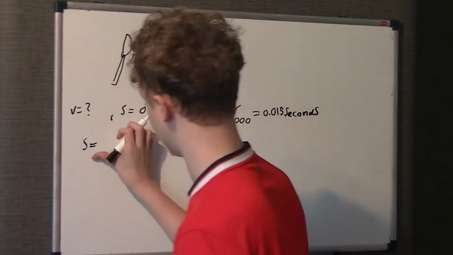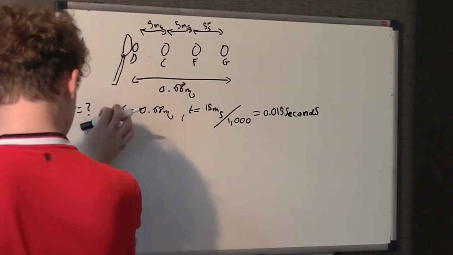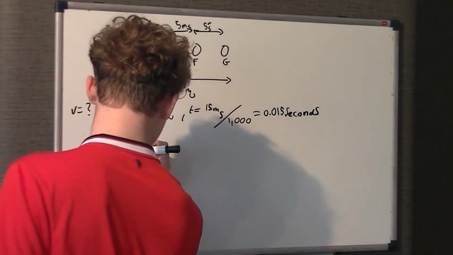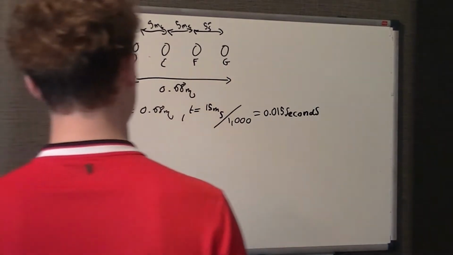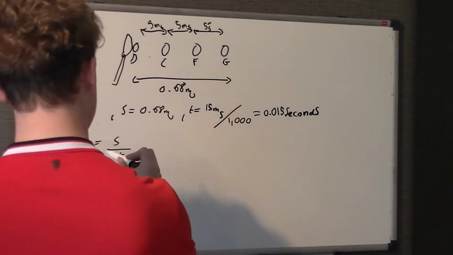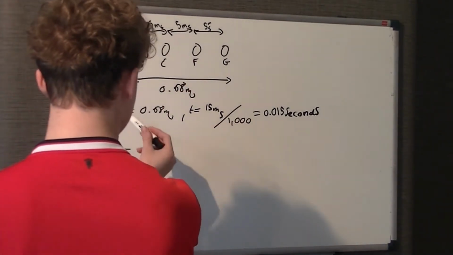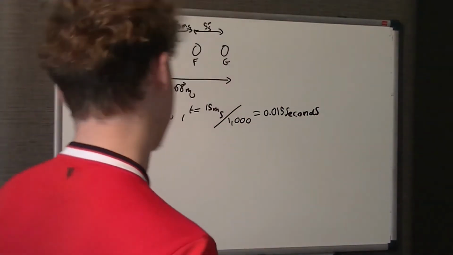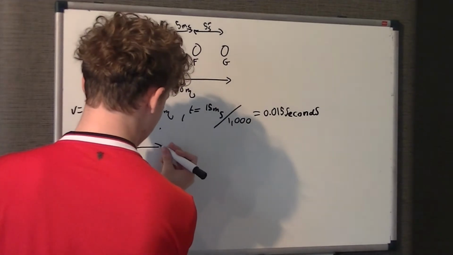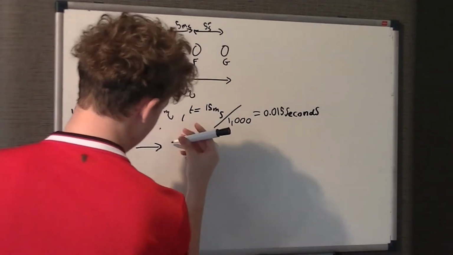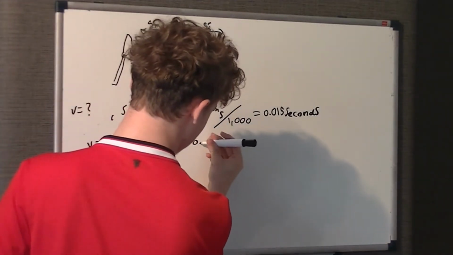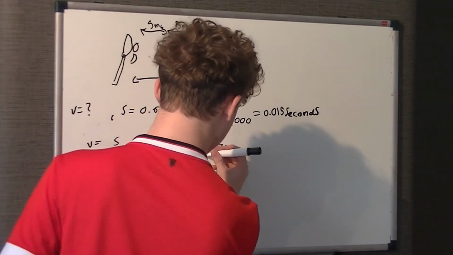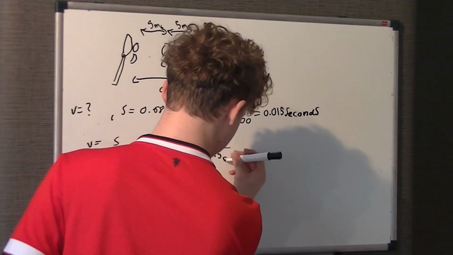Now we know that v equals s over t. We've got t, we've got v, we've got s, so we can simply put these into our equation. We don't need to convert s, it's already in SI units. So v equals 0.68 metres over 0.015 seconds.